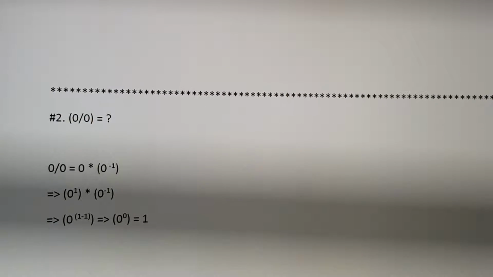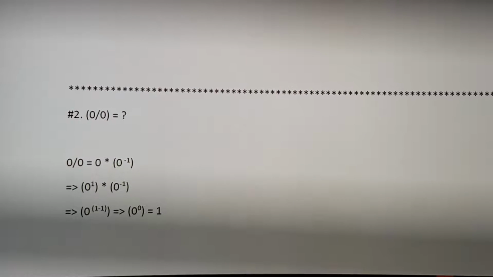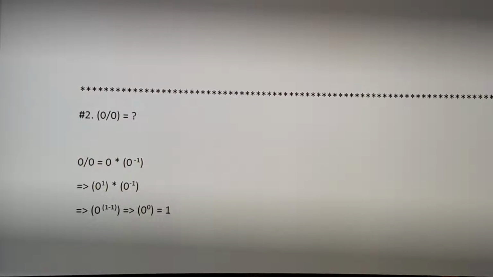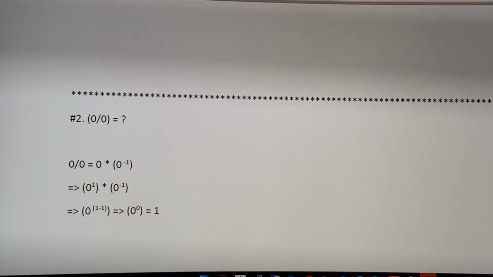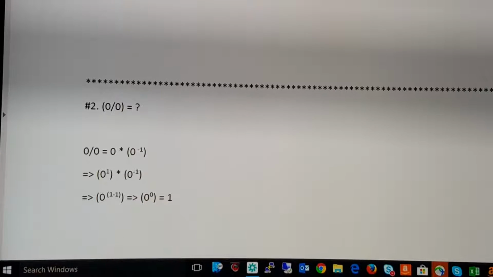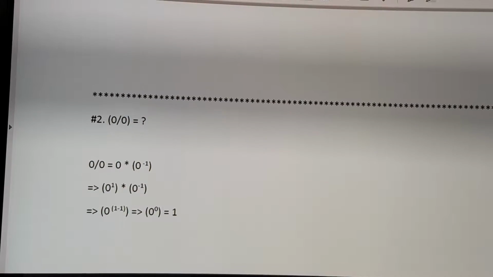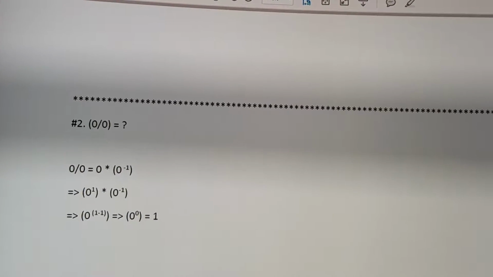If we are looking at 0 by 0 as another indeterminate form that we would like to prove, 0 by 0 can be written as 0 into 0 to the power of minus 1, because we are just bringing a denominator to a numerator, so we're raising it to the power of a negative.